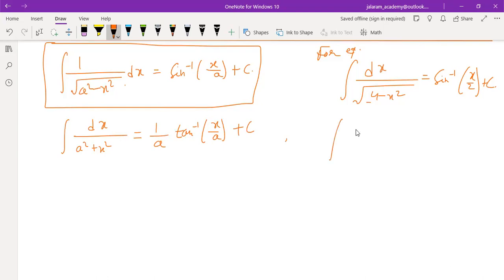For example, find the integration of dx upon 16 plus x square. You directly write the value of a as 4: 1 by 4 tan inverse x by 4 plus c. In under root a square minus x square there is no 1 by a, but in the integration of dx upon a square plus x square, we get 1 by a.